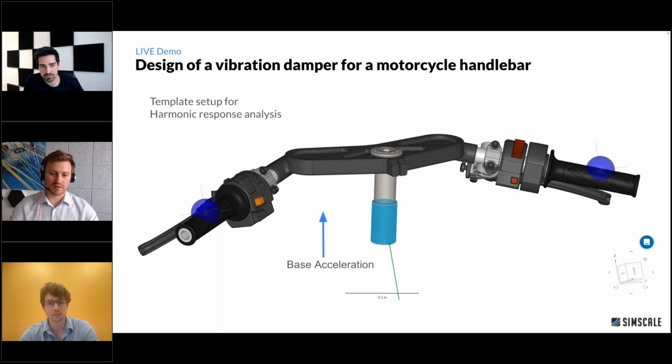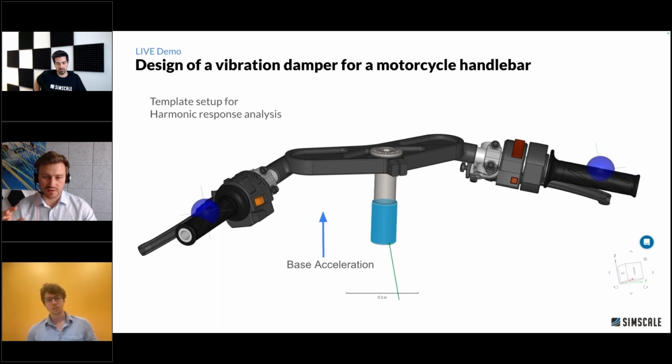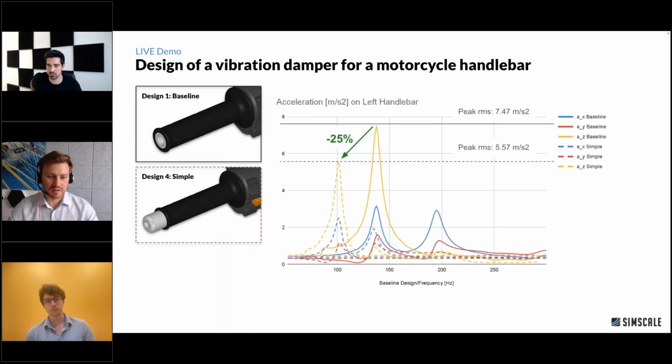Yeah, and I think that's a really good point. With SimScale, we aim for the standard default settings to get you to a good result. But there's always that extra level of detail that you can drill down into. You can open up the mesh settings, you can define specific refinement regions, you can go full manual on it if you want, and define exactly the mesh size that you want to see.